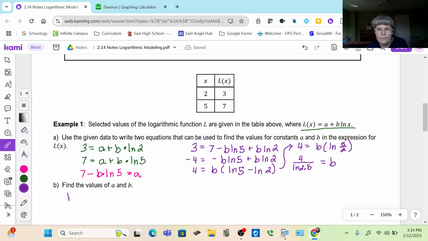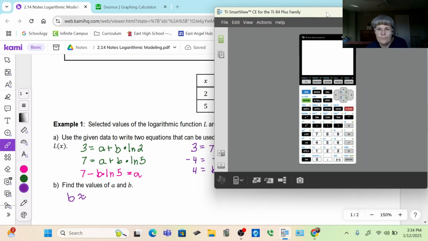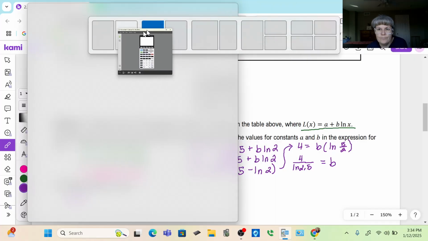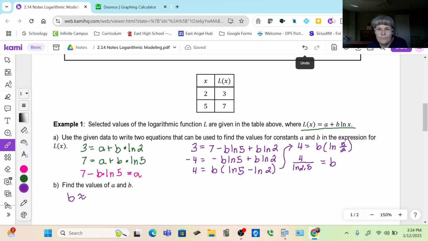So down here under part b, I'm going to write that b is approximately, I'm going to grab my calculator. Here we go, let's try this again.